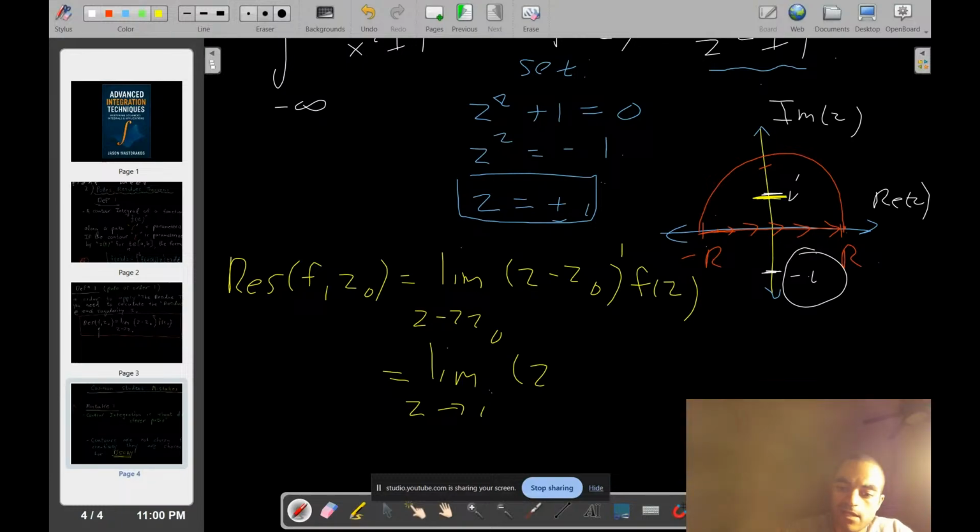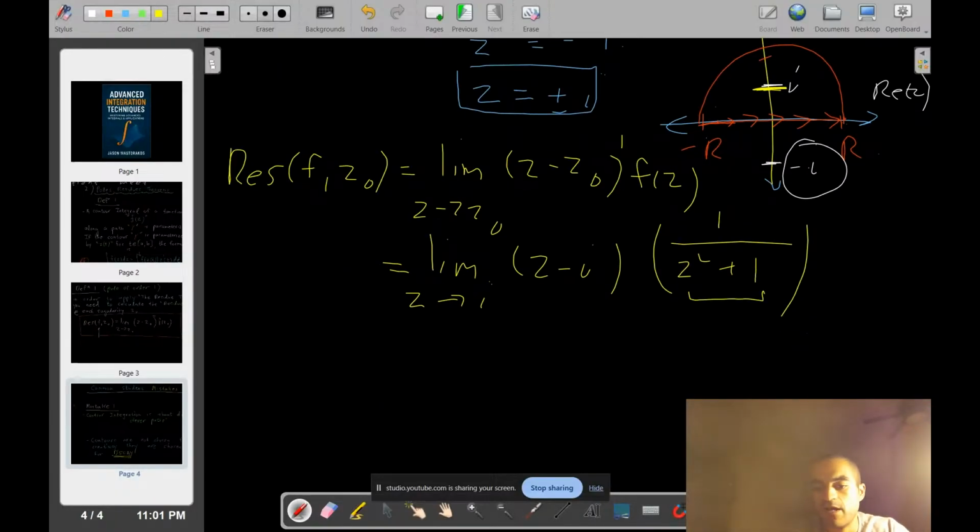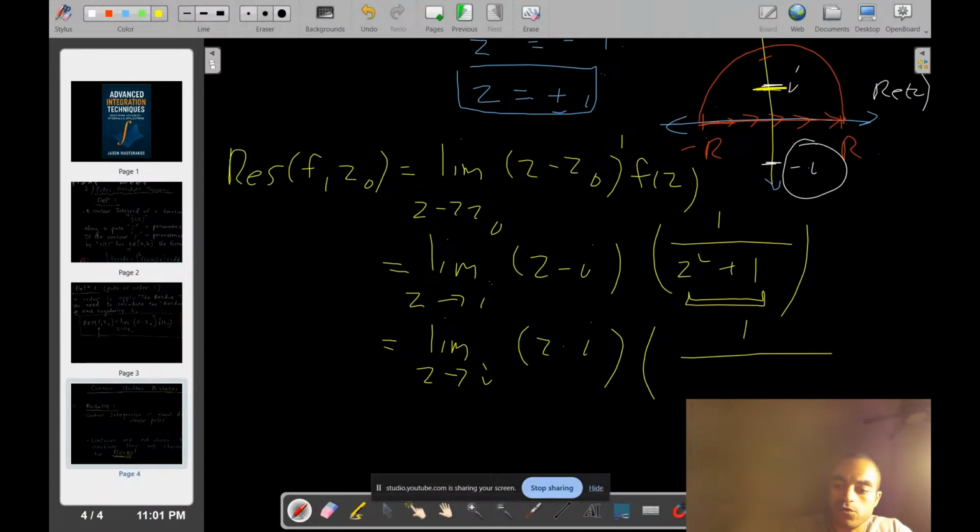So z approaches i. This becomes z minus i times f of z, where f of z is 1 over z squared plus 1. However, this can be factored. This is now the limit as z approaches i of z minus i times 1 all over z plus i times z minus i, a difference of squares: z squared plus 1 is z plus i times z minus i.